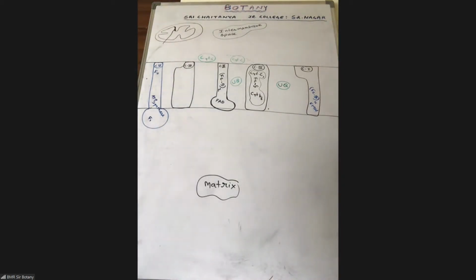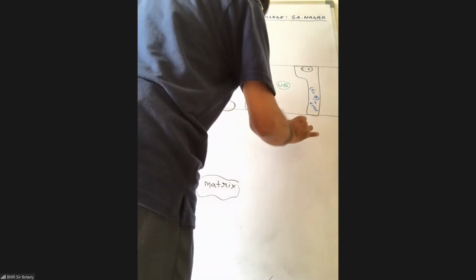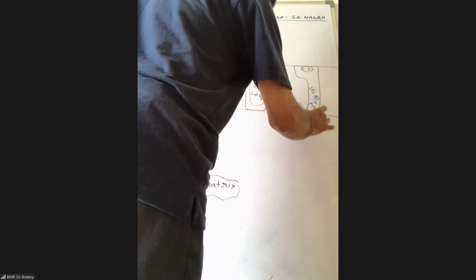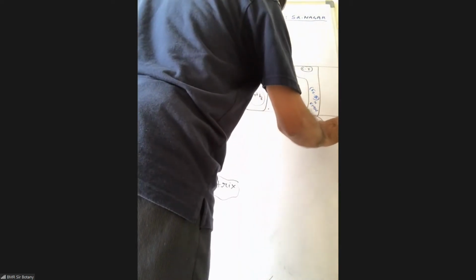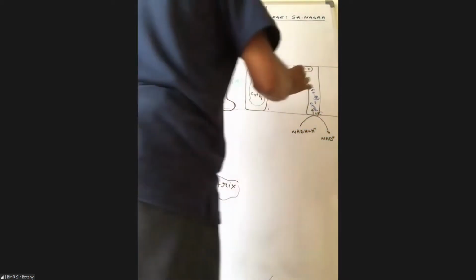Okay. Now, what's going to happen? Let us see. When NADH plus H plus is oxidized by complex 1 into NAD plus, 2 electrons of it go to the FMN part, then to iron sulfur, from there to ubiquinone.